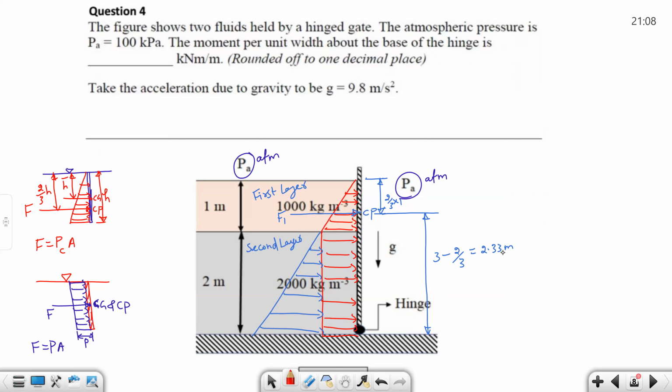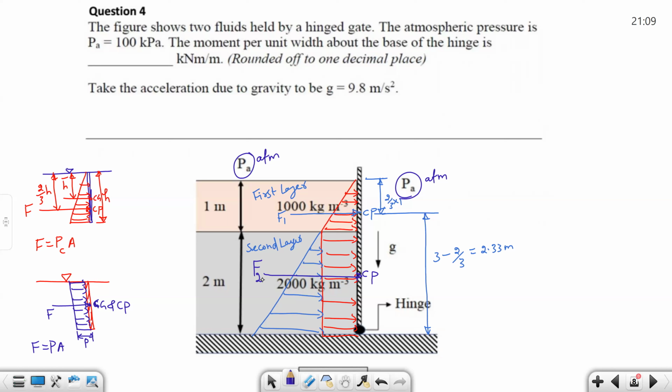This rectangular pressure distribution is coming in the second layer because of the first layer fluid, because the first layer fluid is acting a pressure on the second layer gate, which is rectangular. So the resultant of that we take as F2. That will be acting through the centroid, the center of pressure for the second layer of the fluid.